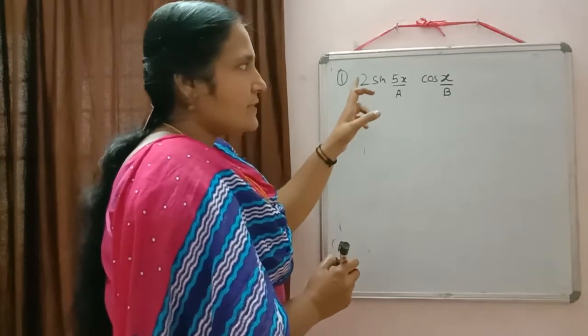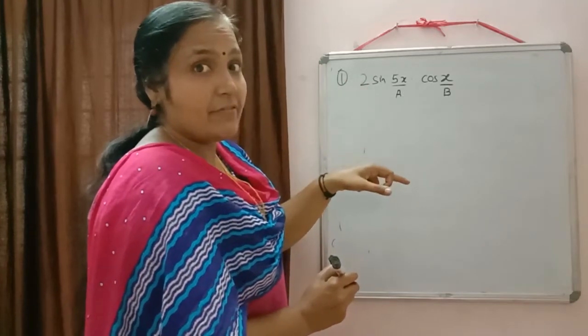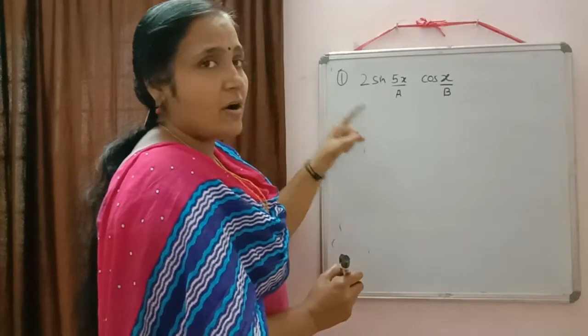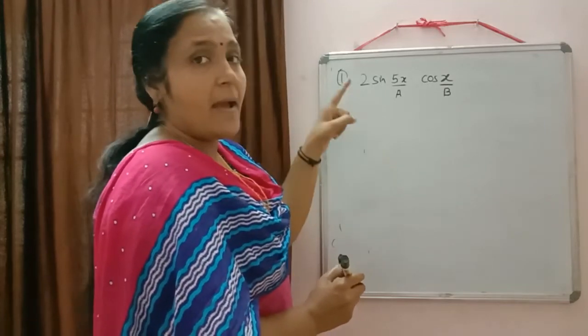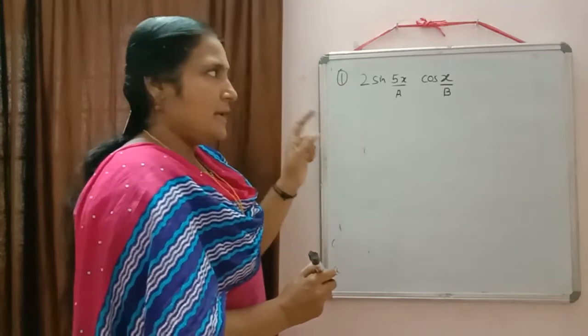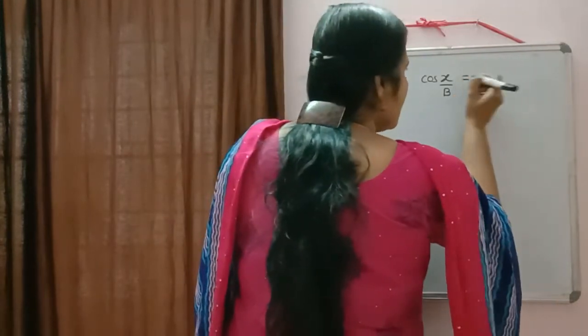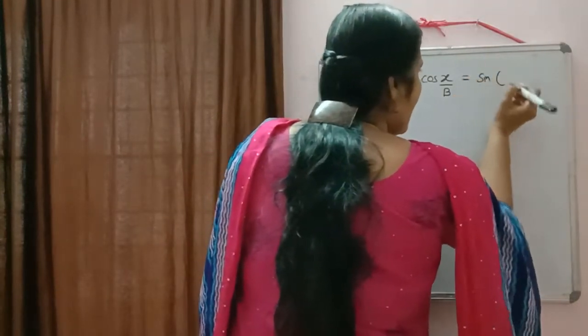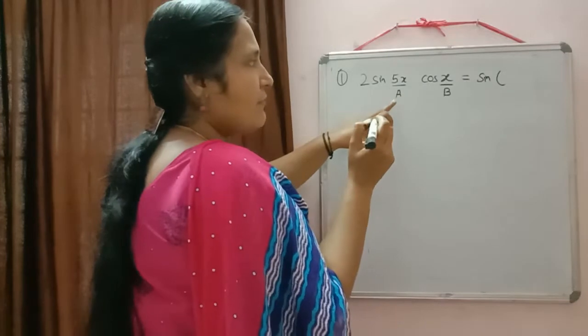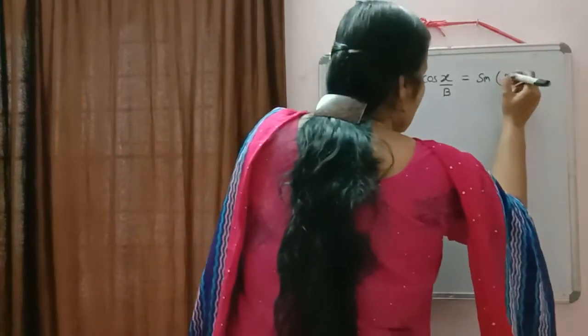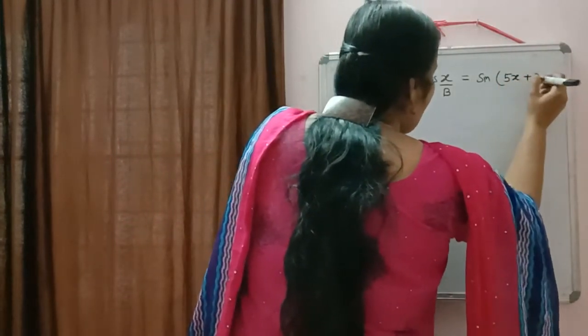Now whether we write it in the form of addition or subtraction depends on which one is given first. Sin is given first, so this is the formula for sin A plus B plus sin A minus B. So directly we will write: this is equal to sin A plus B. In place of A what we have? 5x. In place of B what we have? x.